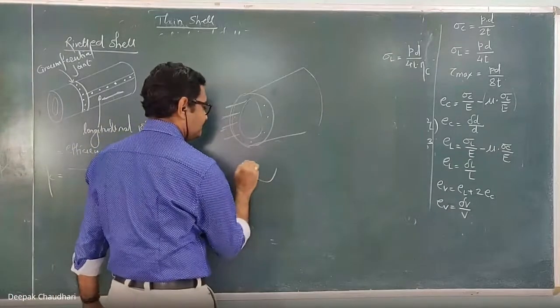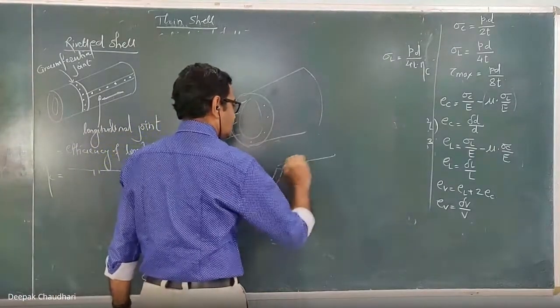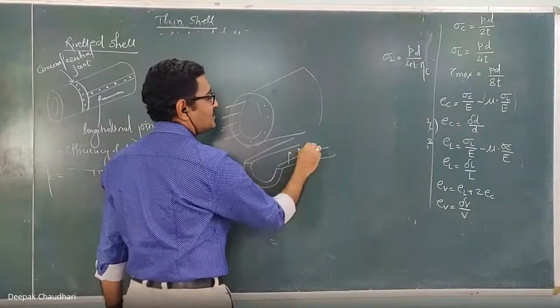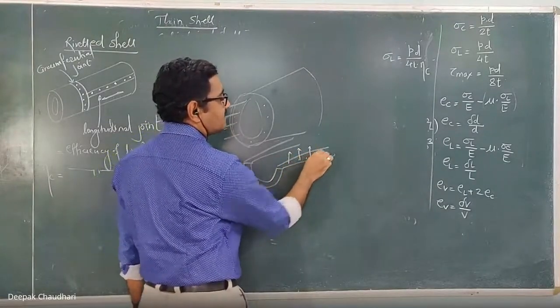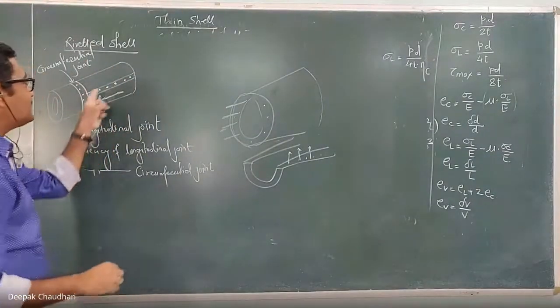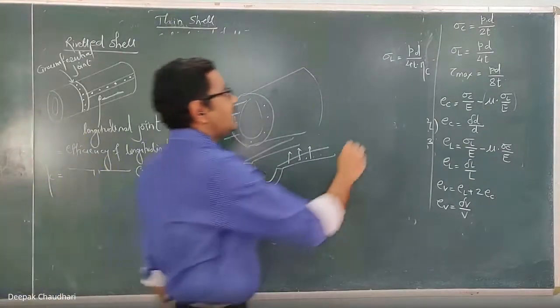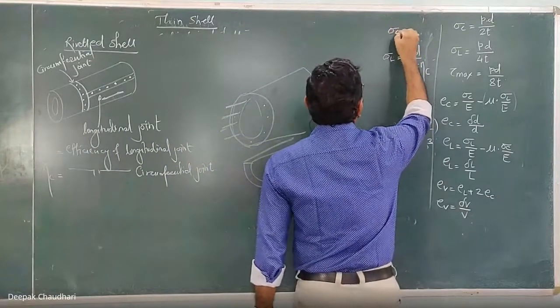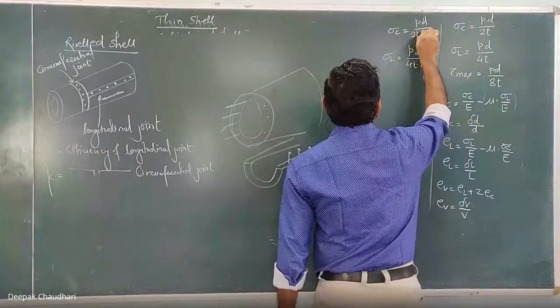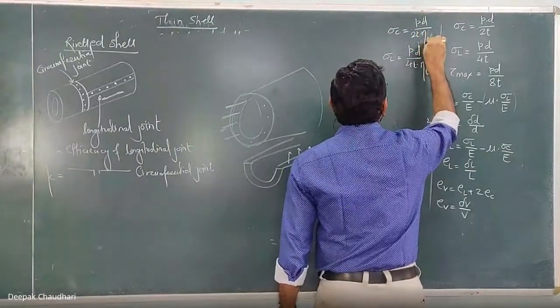Okay. The force of resistance induced here is reduced because of this riveted joint, because of this longitudinal joint, and that's why in this case the circumferential stress is given by PD upon 2T into the efficiency of the longitudinal joint.